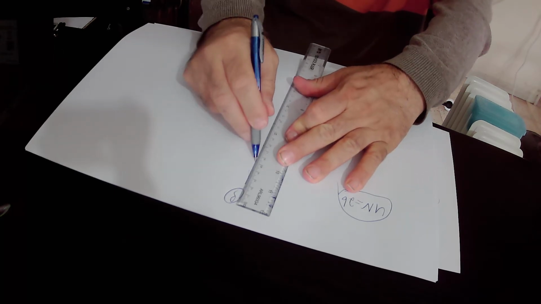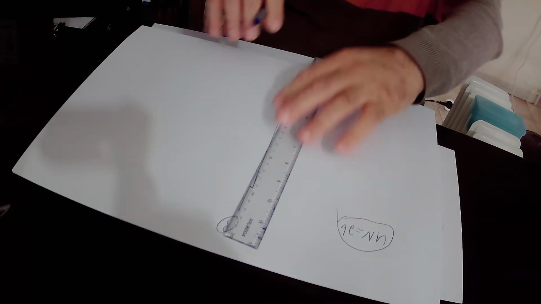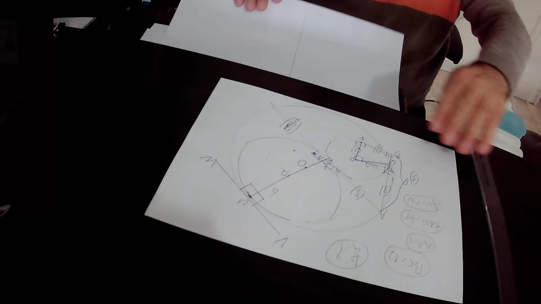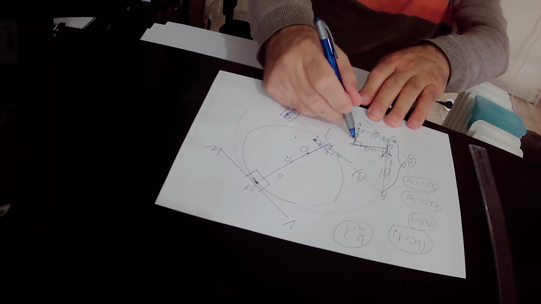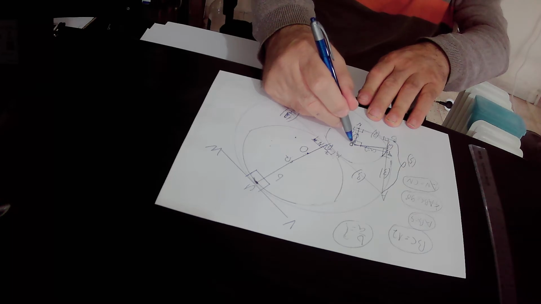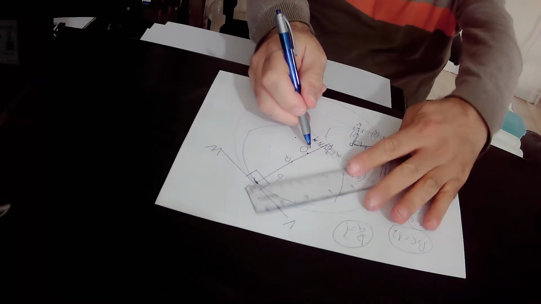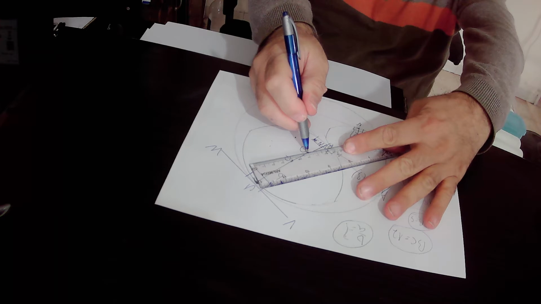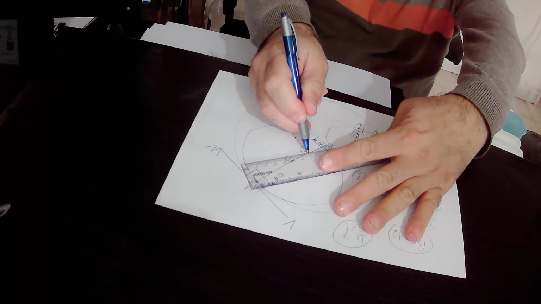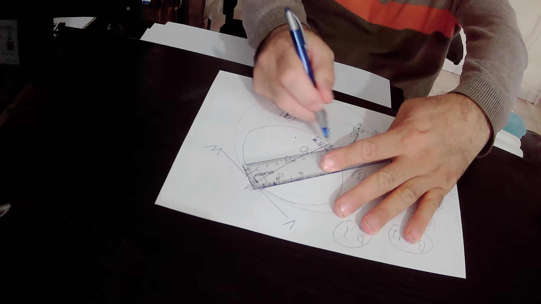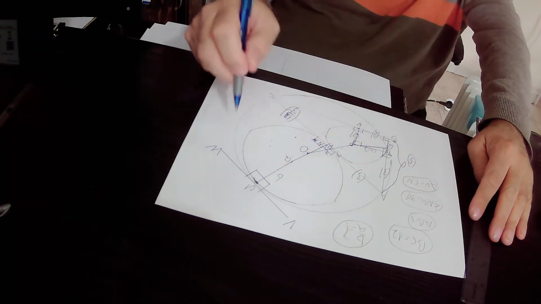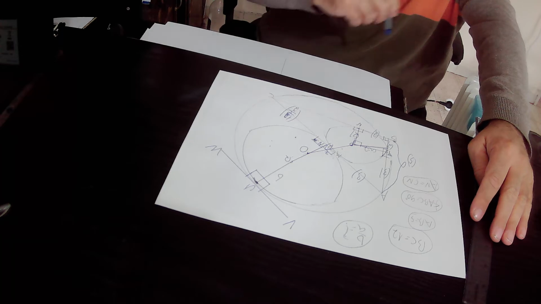In the next step, we join points O and P together by a straight line. Point O is the center of the bigger circle. Point P is the center of the smaller circle.